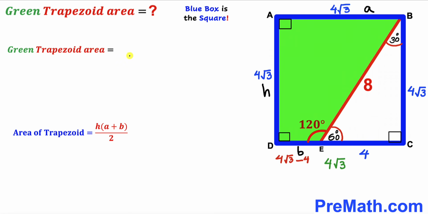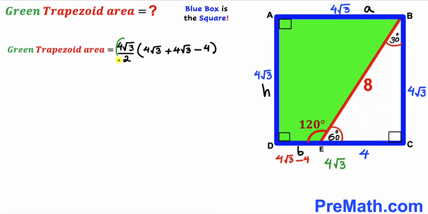So the area is going to be 4 times the square root of 3 divided by 2, times a, 4 times the square root of 3, plus b, 4 times the square root of 3 minus 4.